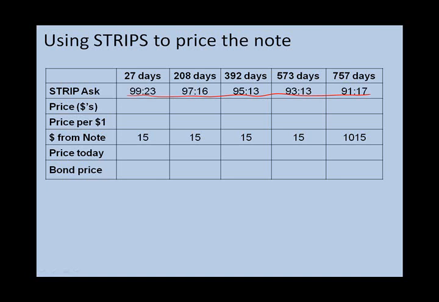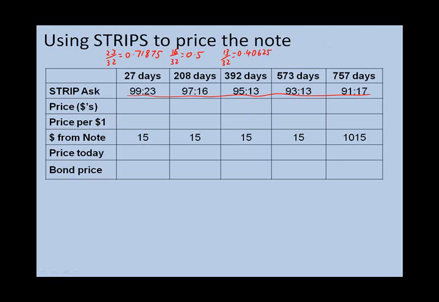We need to do a bit of work because remember, government bonds are quoted in 32nds, so we need to convert 32nds to decimals. 23 divided by 32 is going to be equal to 0.71875. 16 divided by 32 we already know, it's equal to 0.5. 13 divided by 32 is equal to 0.40625.